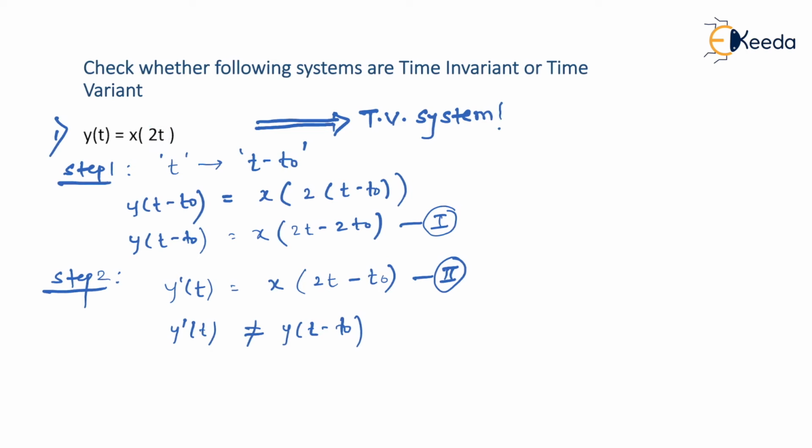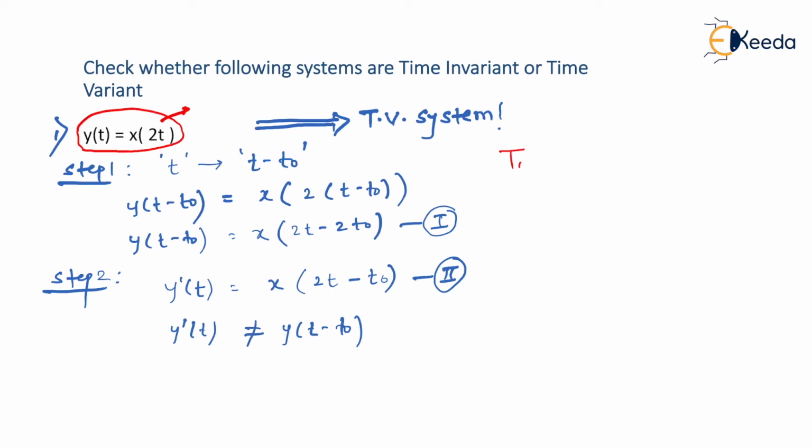In future, if you don't want to follow this many steps, you can remember some shortcuts. See what is done with the argument of x of t. The original signal is x of t, but y of t is written in terms of x of t as x of 2t. So what is done exactly? It is nothing but time scaling.